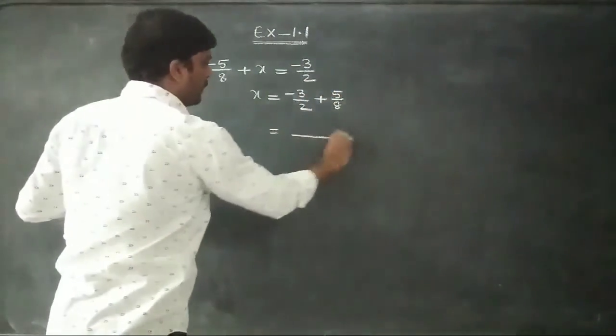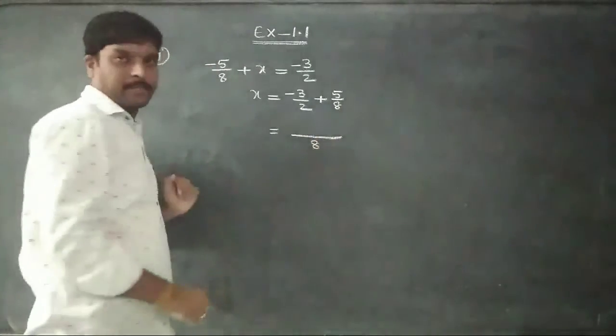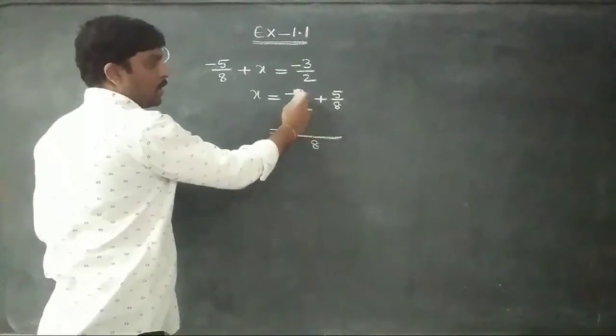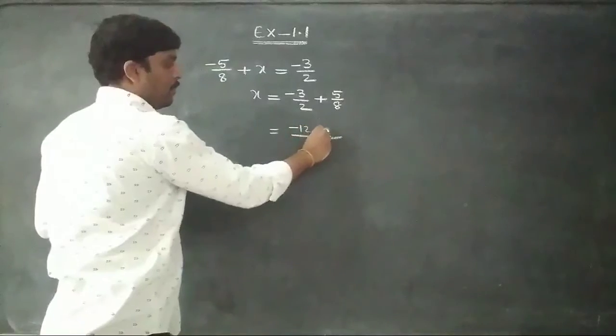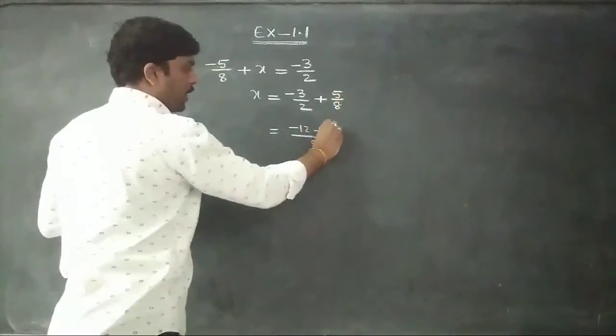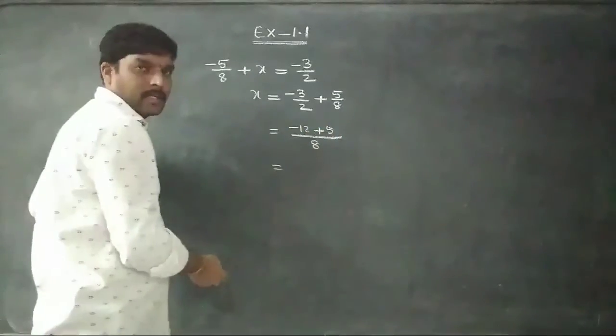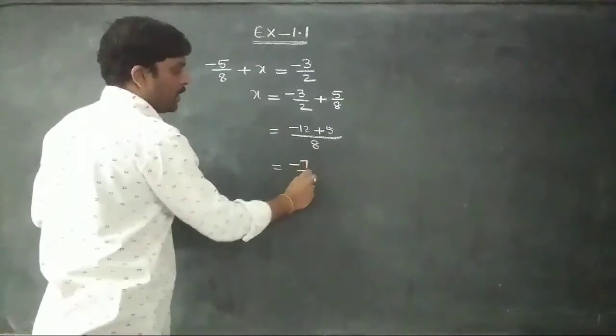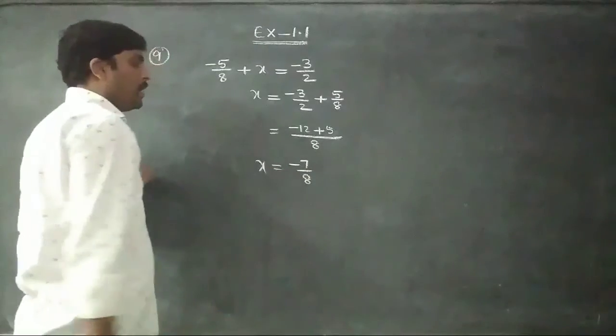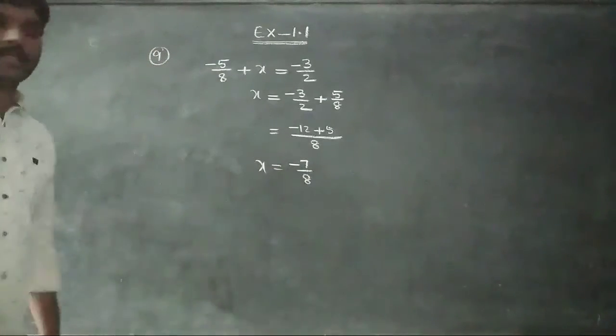Now take the LCM for 2 and 8. 8 is the LCM. 2 fours are 8, 3 fours are 12. 8 ones are 8, 5 ones are 5. So minus 12 plus 5, which is minus 7 by 8. So the required rational number is minus 7 by 8.